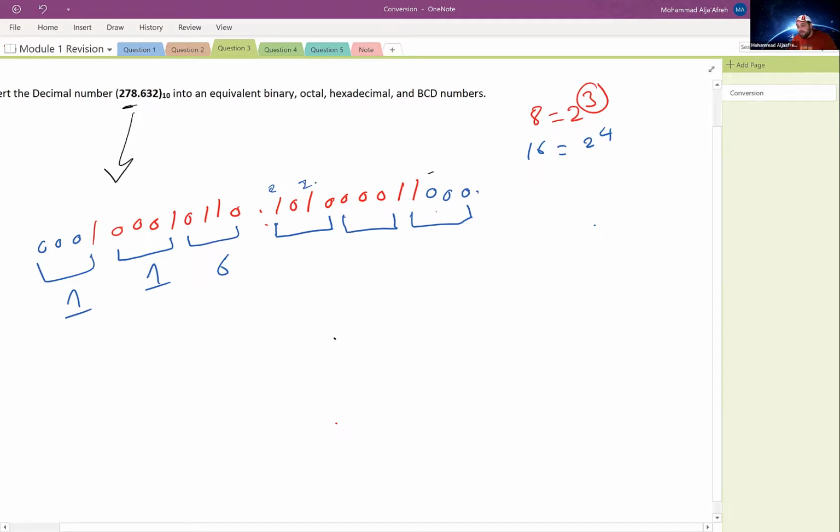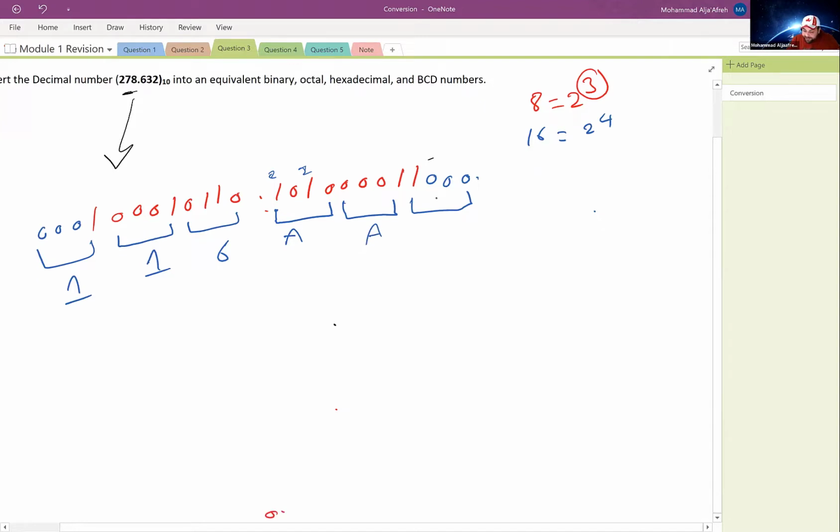In hexadecimal, we don't have 10, because 10 requires 2 digits, but in hexadecimal the base is 16. So we can have up to 15 possibilities with one single digit. So after 9 in hexadecimal, 10 will be represented by the first alphabet letter, which is A, and that is simply 1. And now this is the interesting part. This will become not 1.